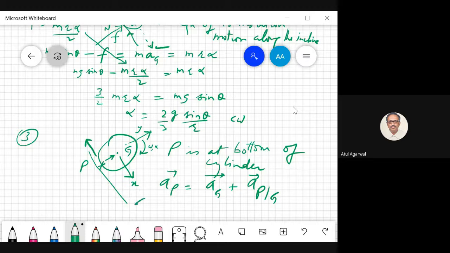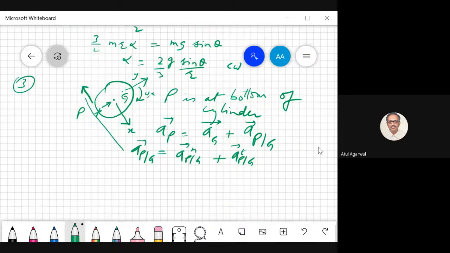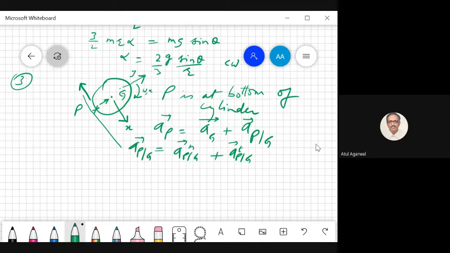If you find AP with respect to G, it has a normal term and a tangential term. Now, what is the normal term? It is acting towards the center, omega square R, and it is acting towards the j direction. And what is the tangential acceleration? R alpha, and it is acting in the minus i direction.